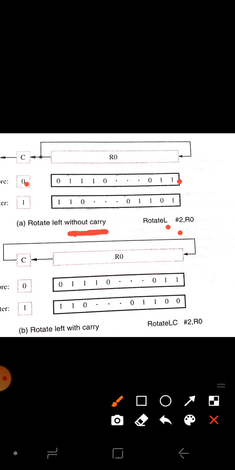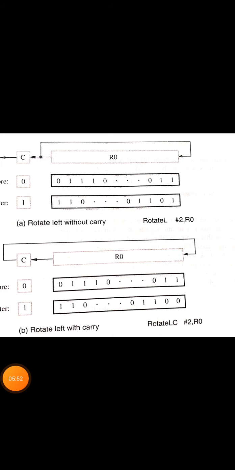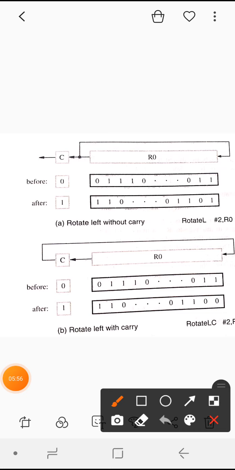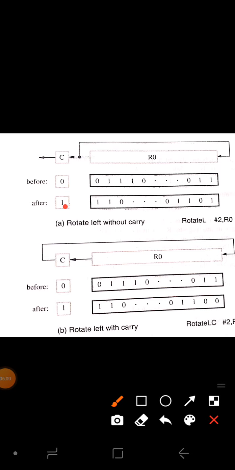You are shifting this data, or nothing but I can say you are rotating the data. Once you are rotating the data, what is stored in this C place will be put back into the vacant position.